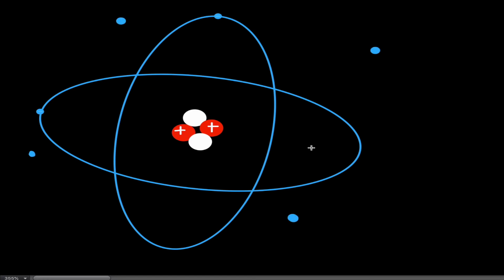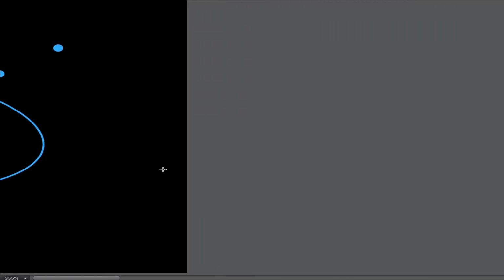It could be anywhere around the nucleus. So scientists had to come up with another model to explain where all the electrons were.